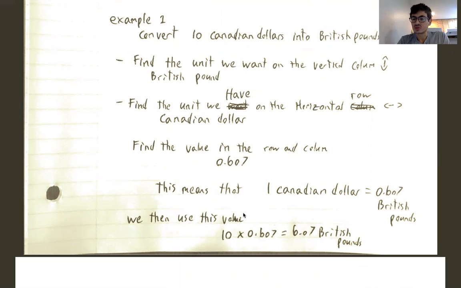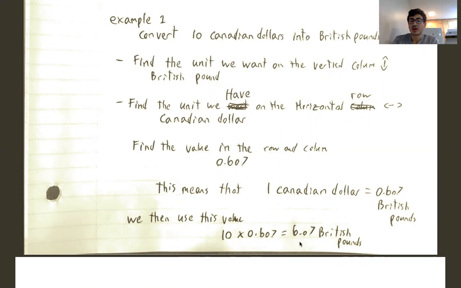So to do the conversion, we take the number that we have in Canadian dollars, which is going to be 10. That's the number we have. We're going to multiply by our conversion value. So 10 times 0.607, and that's going to give us £6.07. So that's 6.07 British pounds.